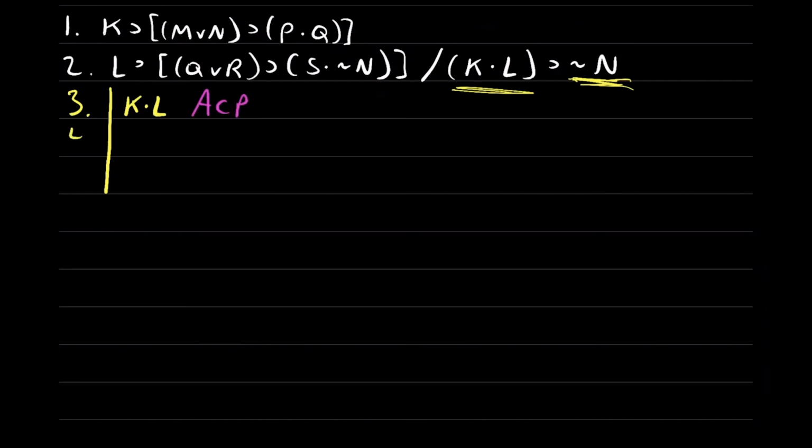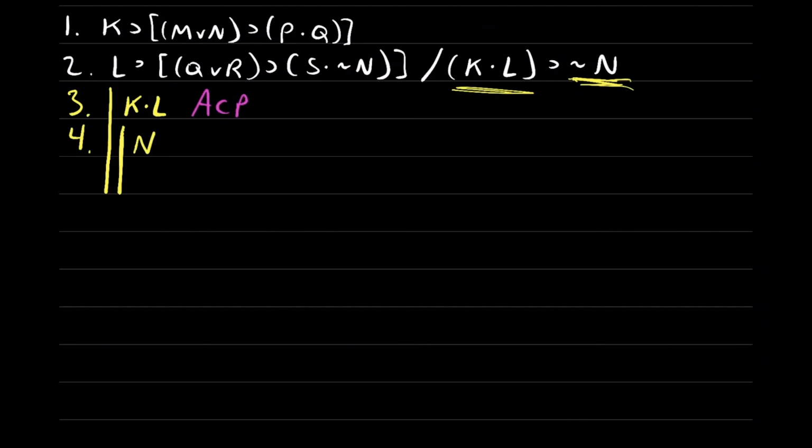So on line 4, I'm going to add another assumption line right here. Make sure you don't forget about adding these vertical assumption lines. If we're trying to prove not N, once we've assumed K and L, I'm going to assume N. And then if I can show that that leads to a contradiction, I'll be able to close off that indirect proof sequence. That'll give me K and L implies not N.